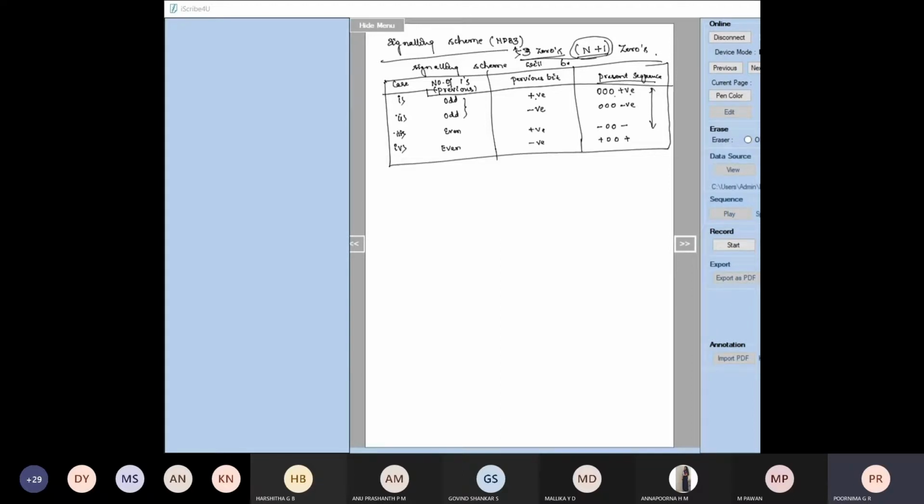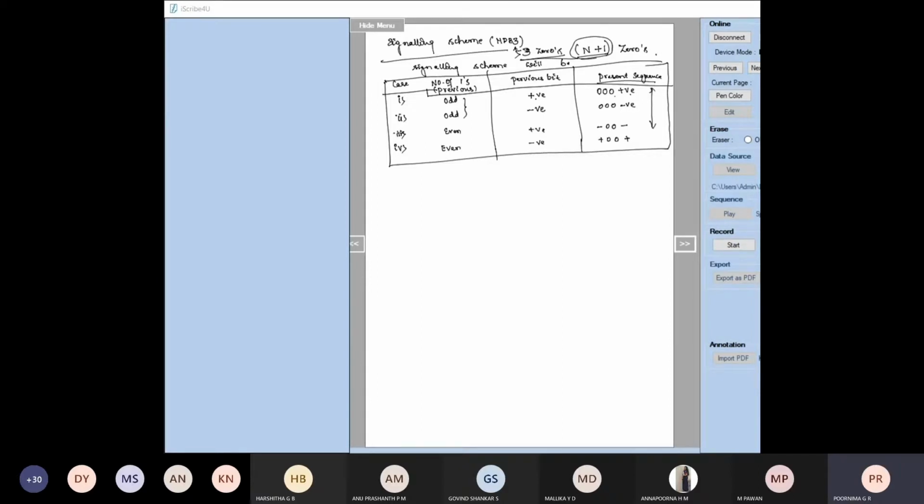If zeros continue with a constant amplitude of 0, that problem is overcome through HDB3, because consecutive zeros are replaced with a change in amplitude. So synchronization will be easy, and long runs of zeros will be avoided.